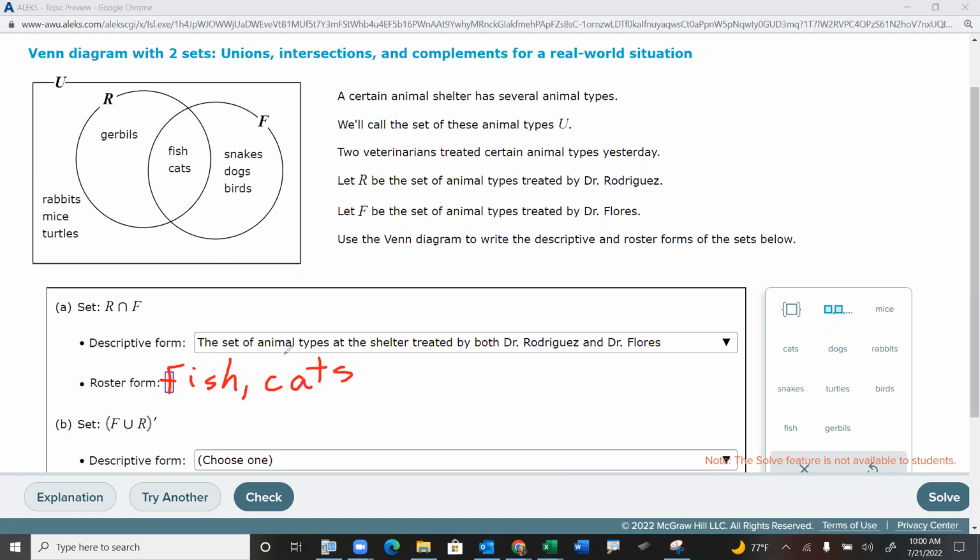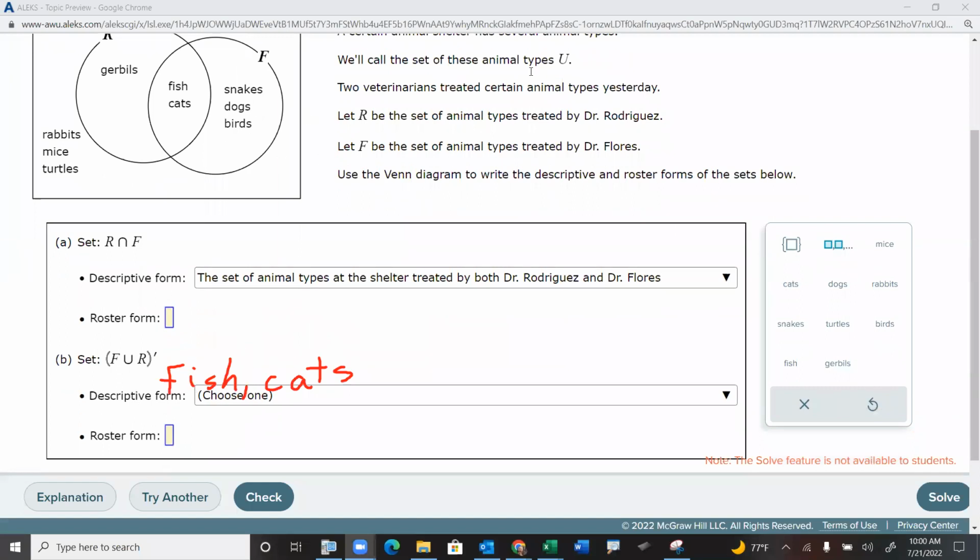Okay, so part B says, let's do the same thing again, but for a different set. So this time it's F complement, Flores, union, Rodriguez complement.